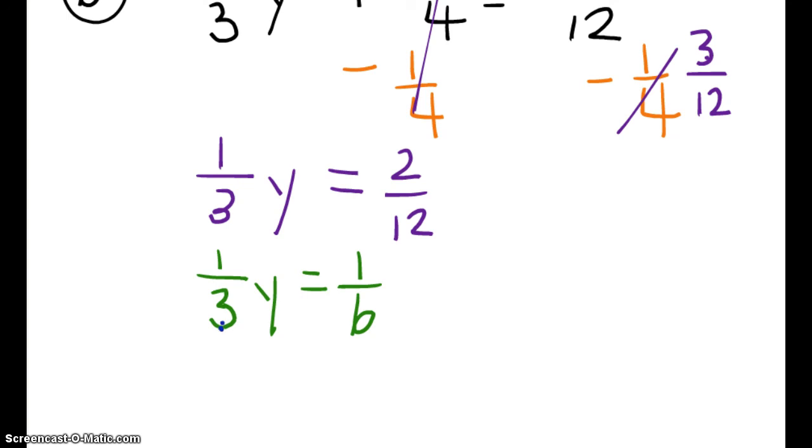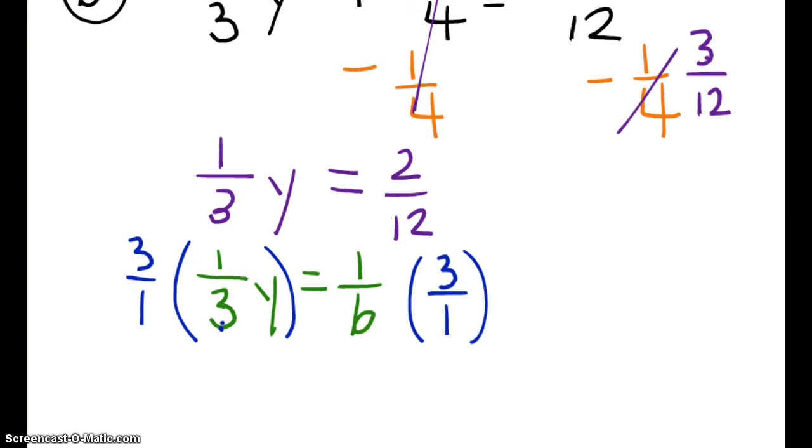Either way, to undo that, we still have to multiply by 3 over 1. So over here, we're going to multiply by 3 over 1 as well. So what happens is you have 3 over 1 times 1 over 3.